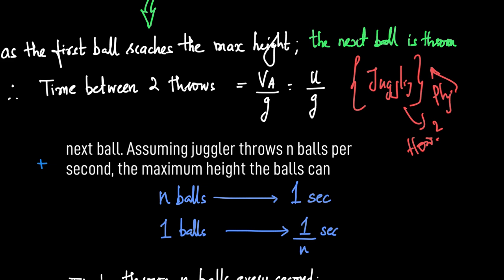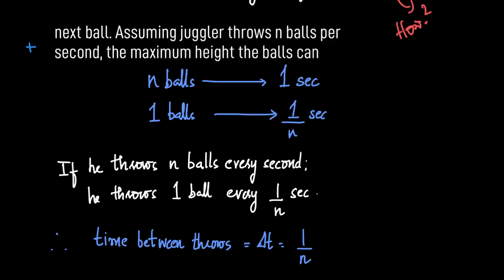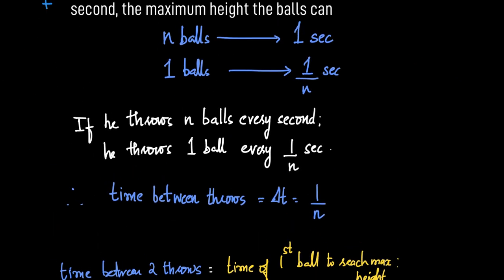Now that's a sudden deviation, right? Yes, it is. We'll understand why. If he throws n balls every second, he throws one ball in every 1 by n second. In this case, the time between two throws, delta t, will be equal to 1 by n.